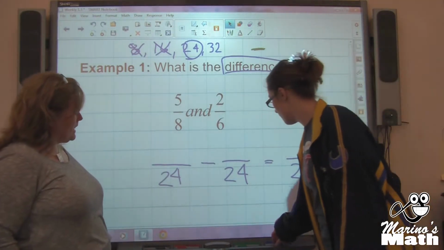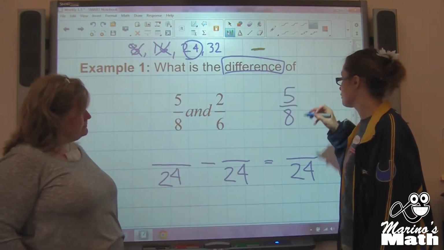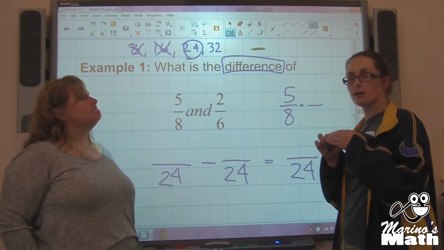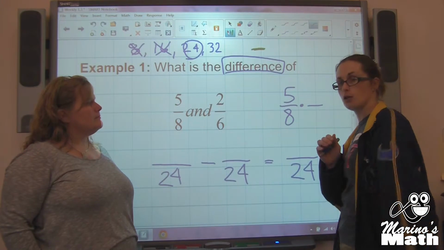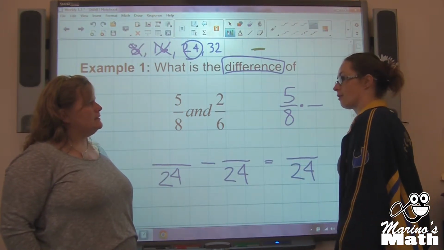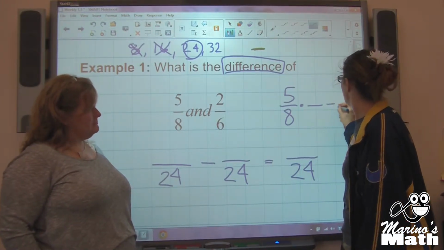So if I look at 5/8, I remember that last week we had to multiply by a unit fraction, which means that the numerator and denominator are the same number, giving us 1 unit. Right. We'll talk about unit rate in our other lessons, which ties really well with this.